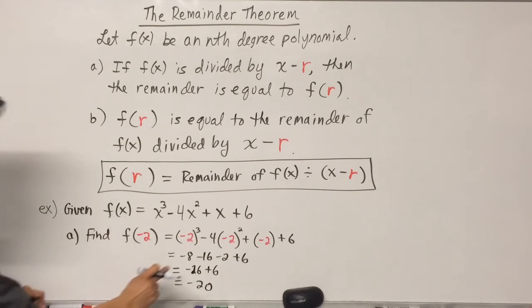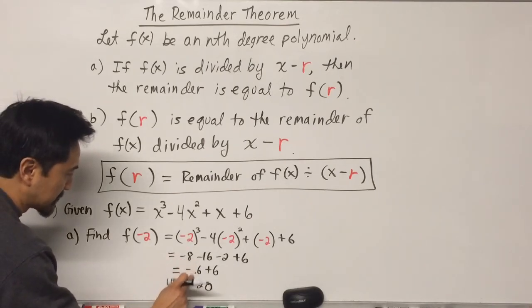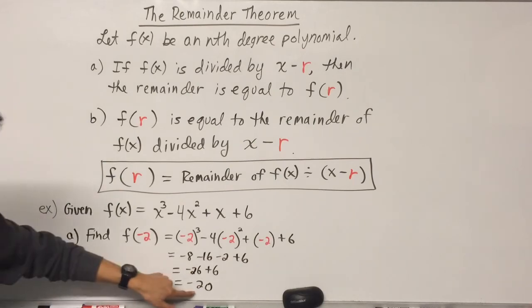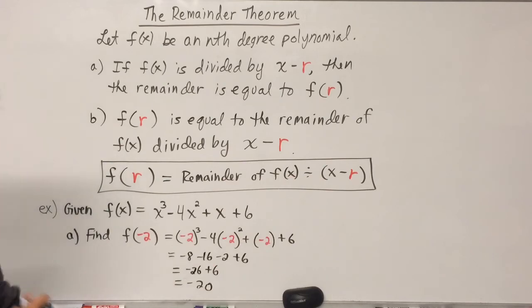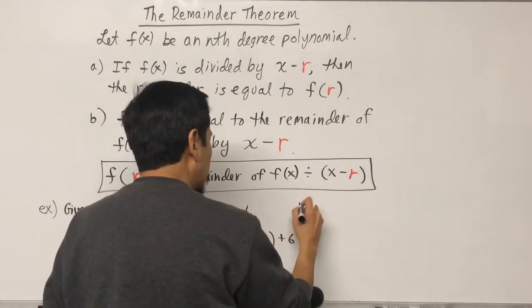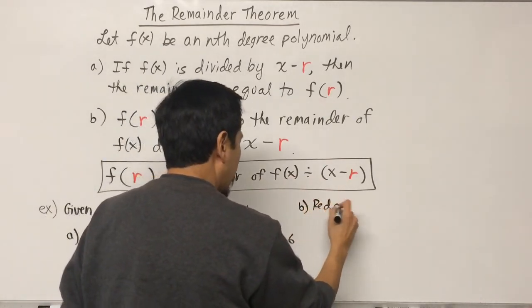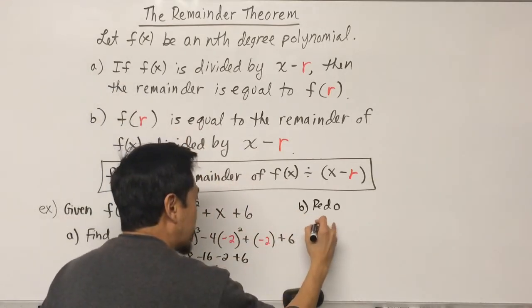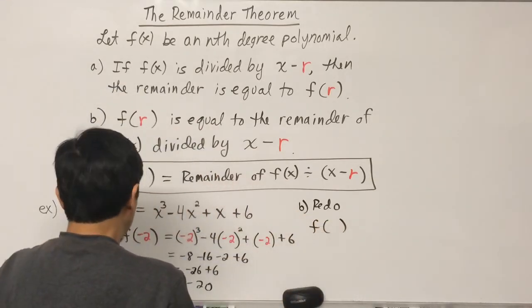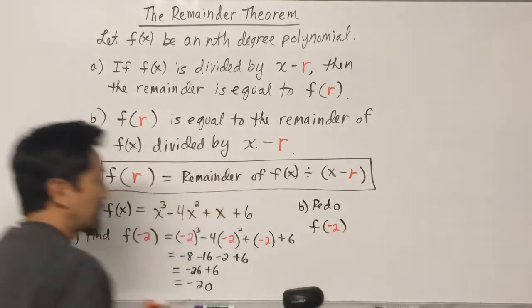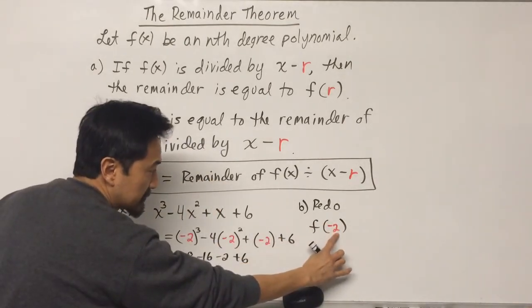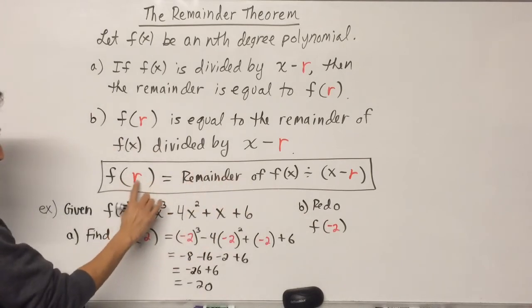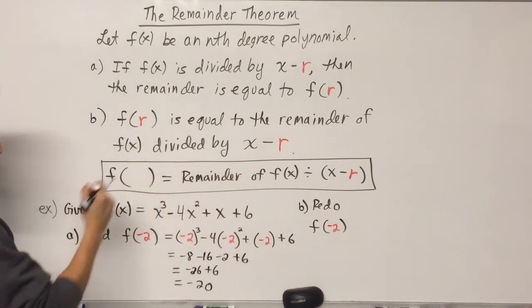Okay? But now the remainder theorem says that we could get the same result, that -20, by performing a synthetic division. So let's redo it. Okay? So when I now plug in -2 into my function, that -2 in the parentheses is now taking the role of the r in red.